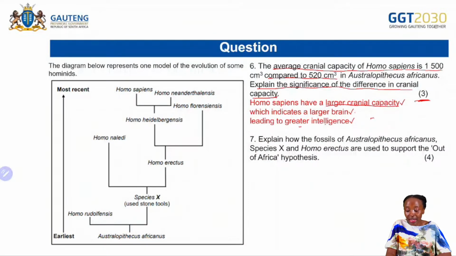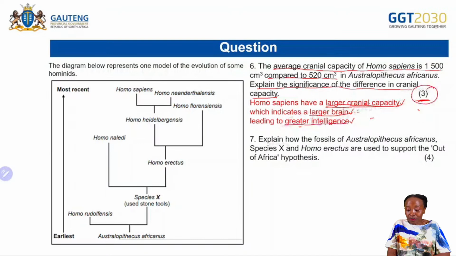So what are you looking at here? We're looking at the cause and the effect. The cause is the larger brain capacity, and the effect is the greater intelligence. That is then the 3 marks. So this is how you answer all your explain questions. There must be a cause and the effect in your explanation.